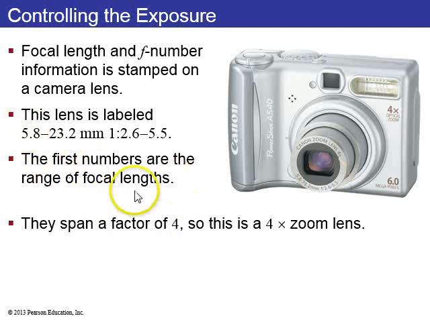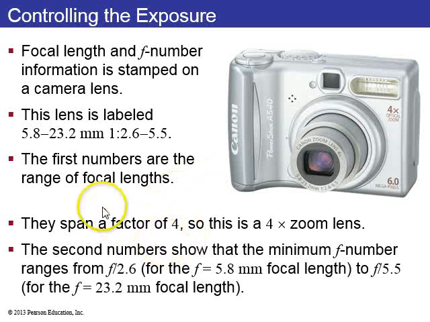And that's a factor of 4 difference, so this is a 4 times zoom lens. You can change the size of images on the detector by a factor of 4 just by changing the zoom. And then the second numbers here, it says 2.6 to 5.5, that's the range of f numbers. So the f2.6 corresponds to the 5.8 millimeter focal length, and the f5.5 corresponds to the 23.2 millimeter focal length.